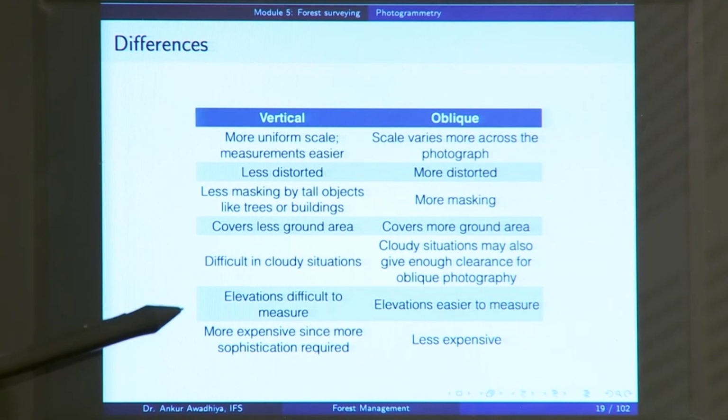Now vertical is more expensive, since more sophistication is required. Oblique is less expensive, because in the case of a vertical photograph you need to keep your camera in such a position that it is completely looking down. Because you have to make more adjustments when you are setting up the camera, it typically is a bit more expensive.